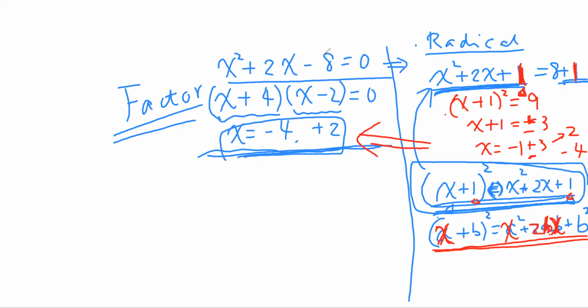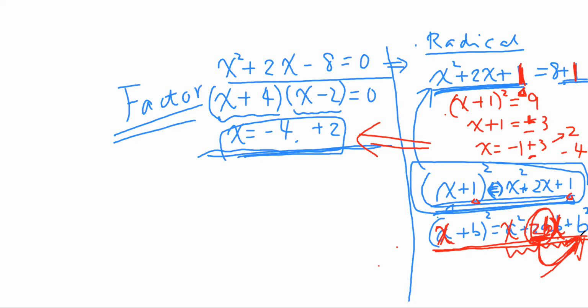If someone only tells you these 2 terms, how do you find the last term? You need to break the coefficient of the second term, the degree 1 term, down to half, and then square it.